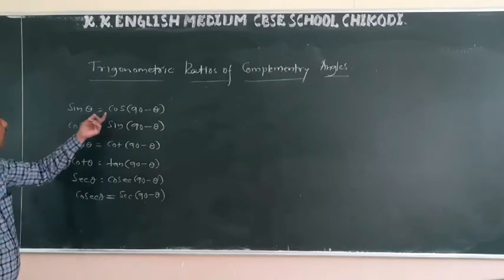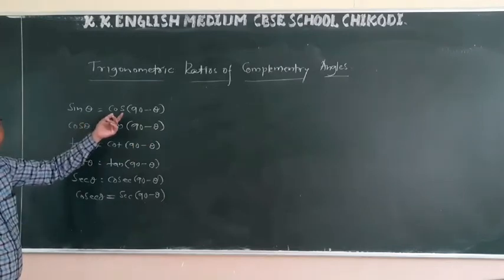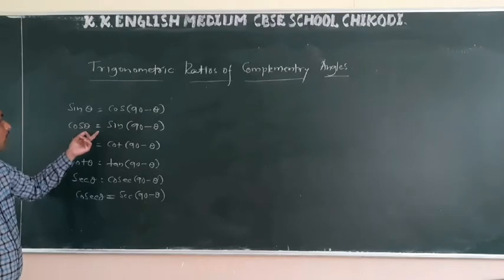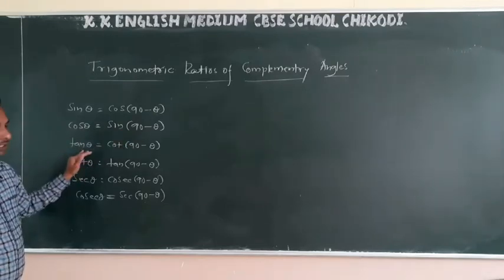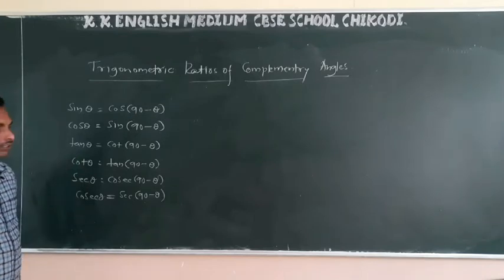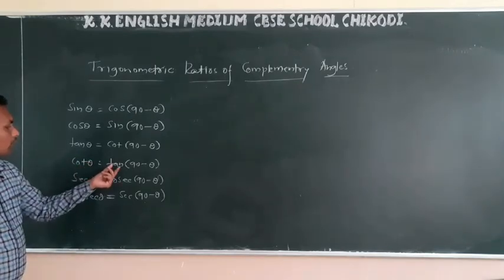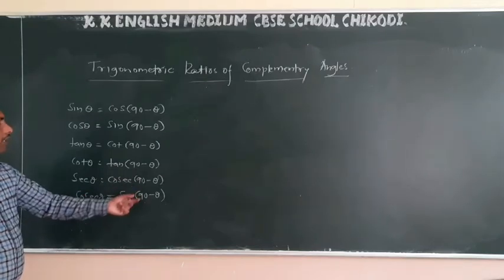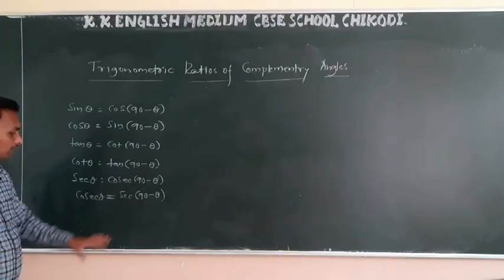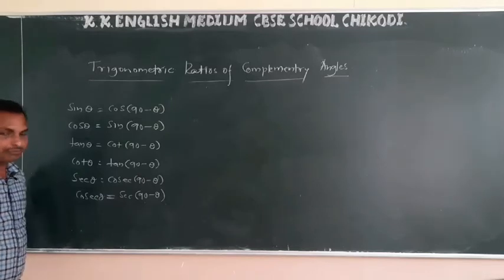Sine of theta is equal to cos of 90 minus theta, cos of theta is equal to sine of 90 minus theta, tan of theta is equal to cot of 90 minus theta, cot of theta is equal to tan of 90 minus theta, sec of theta is equal to cosec of 90 minus theta, and cosec of theta is equal to sec of 90 minus theta.